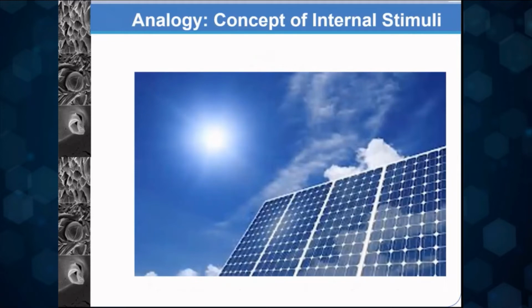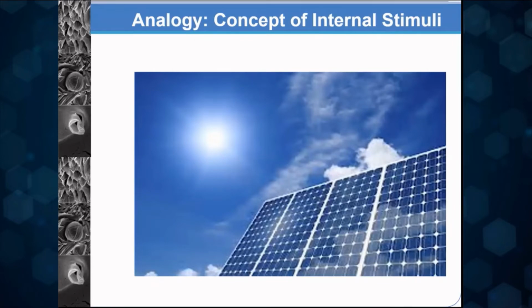Now, just to give you an analogy of this concept, an internal stimulus is like designing a solar panel, right? When you're designing a solar panel, you are taking advantage of the solar energy, but you do not have any control on the amount of sunlight that a particular location is going to receive, or its variation at different times.